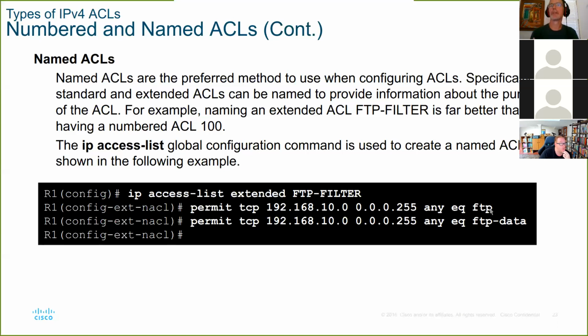Now, the thing is, there are some protocols that have words that you can type, but you can always type the port number that references that protocol. For example, if I type EQ www, that's going to allow HTTP, but not HTTPS. To get HTTPS, we have to enable port 443. So I just go with port numbers.